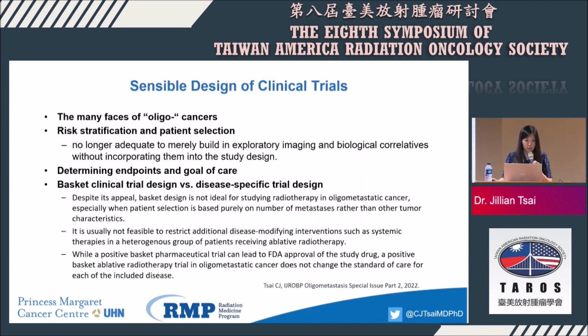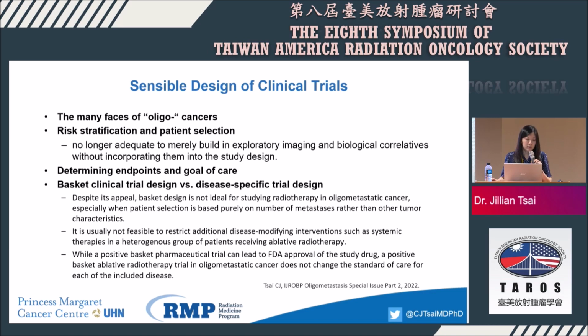In the last couple of minutes, I want to talk about the design of clinical trials. As I mentioned before, there are many positive clinical trials of oligometastases and oligoprogression, but we also have a few negative trials.